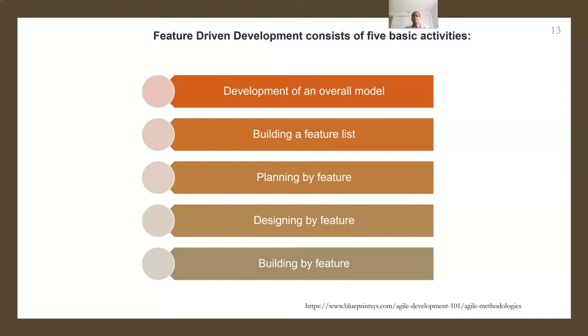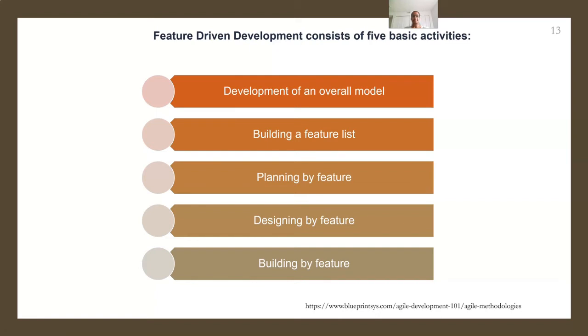The blending of these practices that resulted in a cohesive whole is the best feature of FDD. FDD consists of 5 basic activities. These are development of an overall model, building a feature list, planning by feature, designing by feature, and finally building by feature.